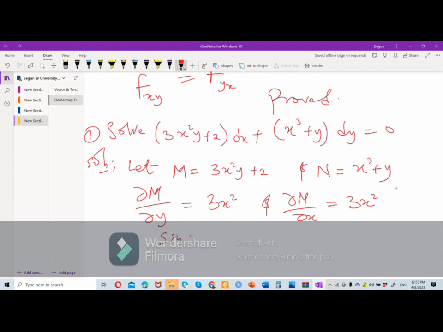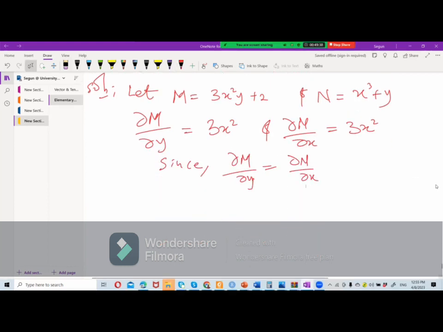Since the partial of M with respect to y equals the partial of N with respect to x, the two of them are equal, our equation is exact. We can now conclude that it is an exact differential equation. That's not the end.